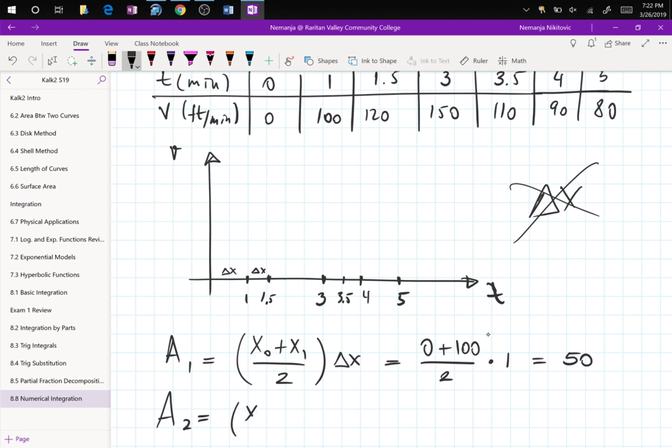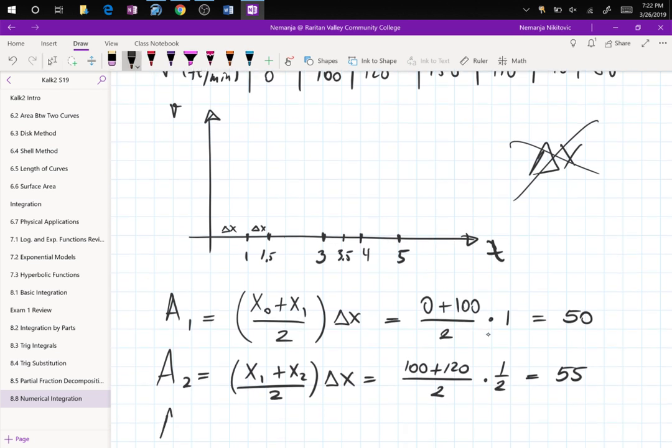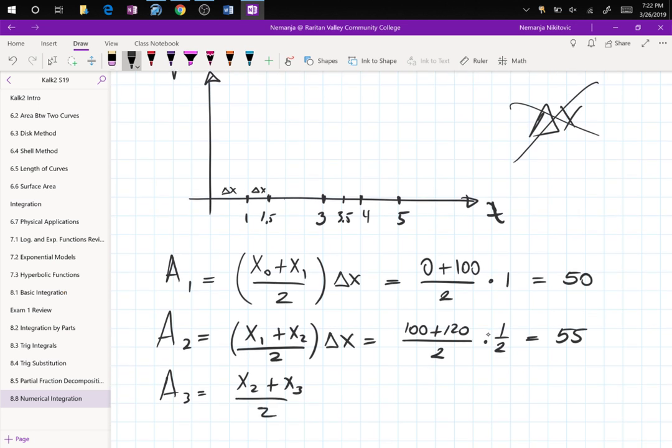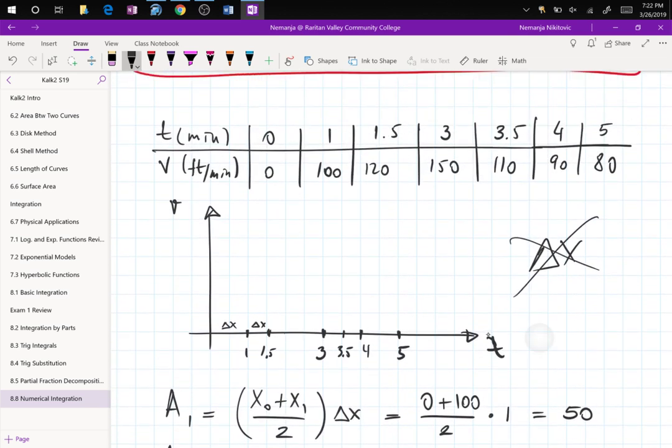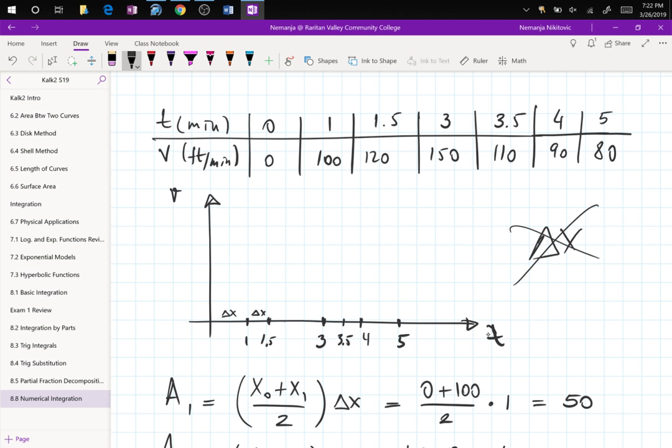Area 2 is going to be x1 plus x2 over 2 times delta x. So x1 is 100, plus 120, divided by 2, times 1/2. So this is 220, 110, 55. A3 is x2 plus x3 divided by 2 times delta x. x3 is 150.